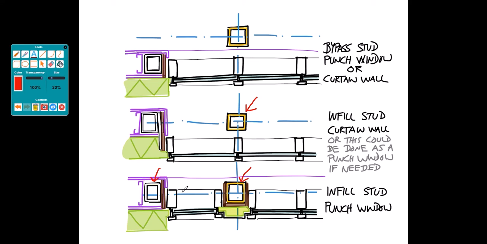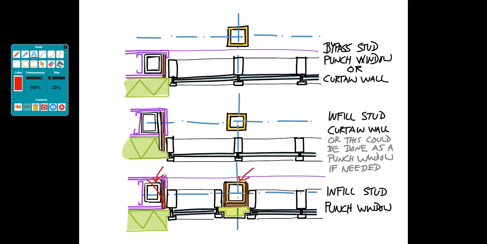So very often you will have some type of steel along the header, sometimes along the bottom of the window, and on the jambs as well, just to frame that window opening. So again, this is the superstructure. This is just a secondary piece of steel framing the opening of the window.